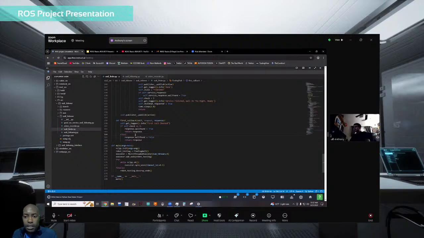If you have the client do the waiting in a separate thread, then your robot can do execution in another thread. That's the importance of re-entrant callback groups: they can run in separate threads, so the client can do the waiting, or the server the serving, in a separate thread, and you don't have a blocking effect.